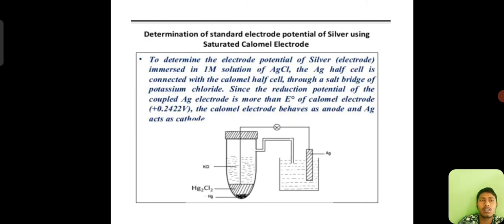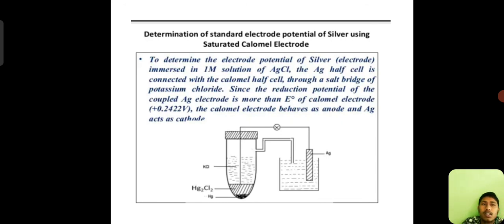Since the reduction potential of the coupled Ag electrode is more than the electrode potential of the calomel electrode, 0.2422, the calomel electrode behaves as an anode and the Ag acts as a cathode.